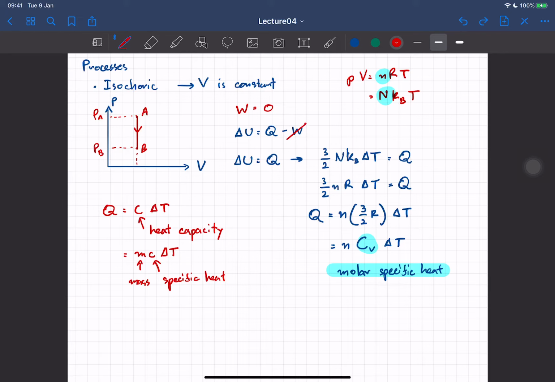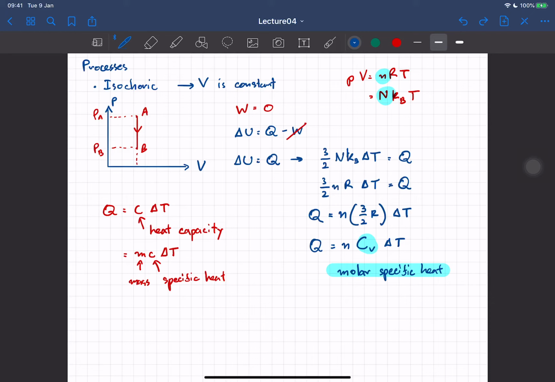But essentially what this all means is that if you know that the process is isochoric, which is fixed in the volume, right? If you know the change in the temperature, you know right away how much heat you need either to put in or to take out. And you use this formula here. Okay.